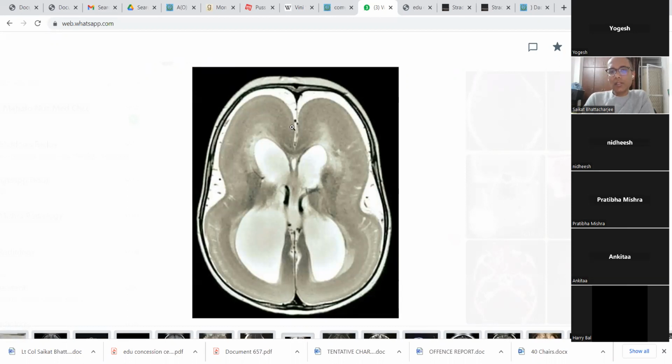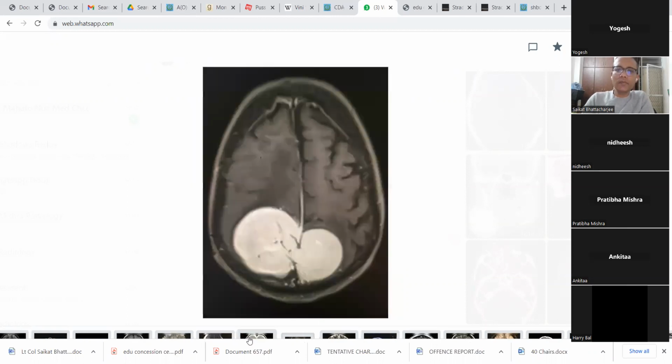Yes, Nidish. Yogesh? Listen carefully. Listen carefully. What is it? Smooth. So there are no gyrations, no pulsations. Listen carefully.